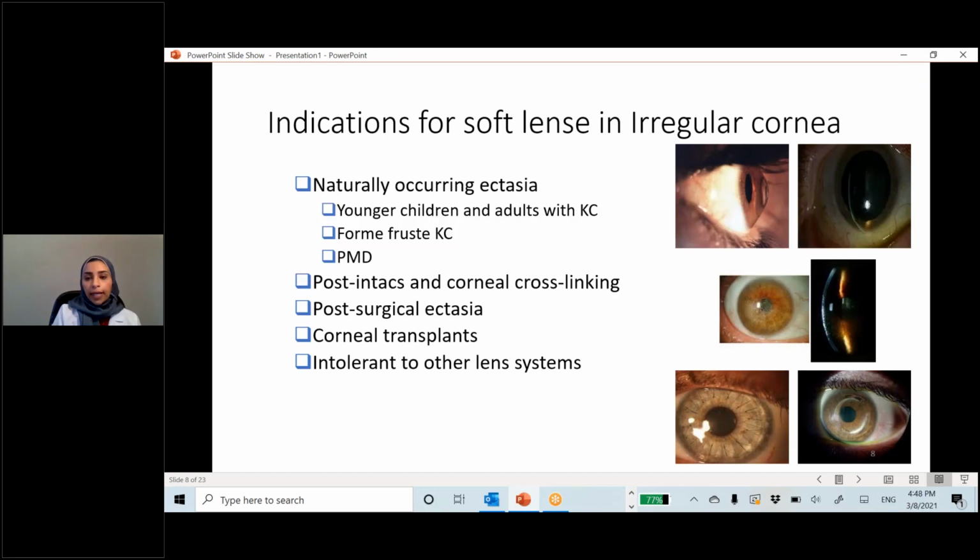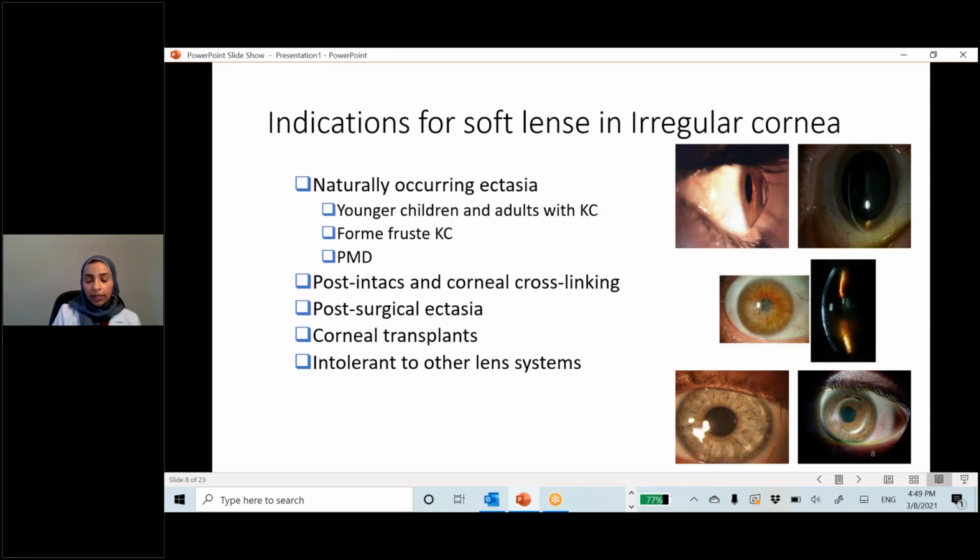We also have pellucid marginal degeneration and keratoglobus as a part of naturally occurring ectasia. Now, those patients that had the naturally occurring ectasia may have already undergone some form of surgical correction, such as intacs, ring implants, or corneal cross-linking, and these lenses can also fit over those types of corneal patients that underwent refractive surgery and have a poor outcome, typically post-LASIK ectasia patients, or radial keratotomy patients.